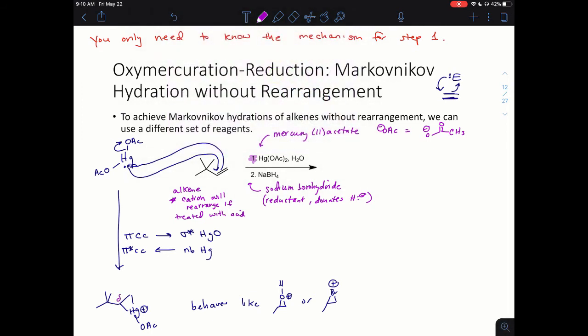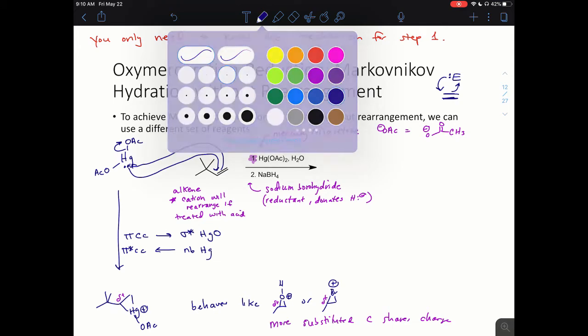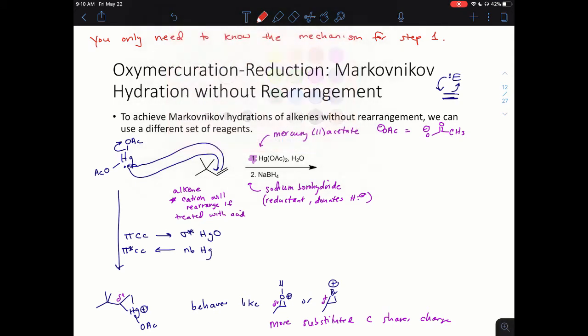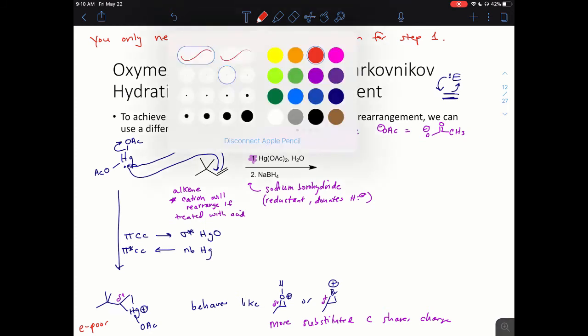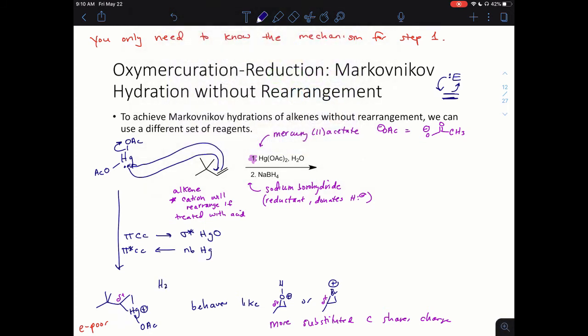Yeah, it means that the more substituted carbon is going to share the positive charge with the heteroatom, or in this case, the metal. And thus, the more substituted carbon will be attacked by the electron-rich species. So we do have water here attacking the more substituted carbon.